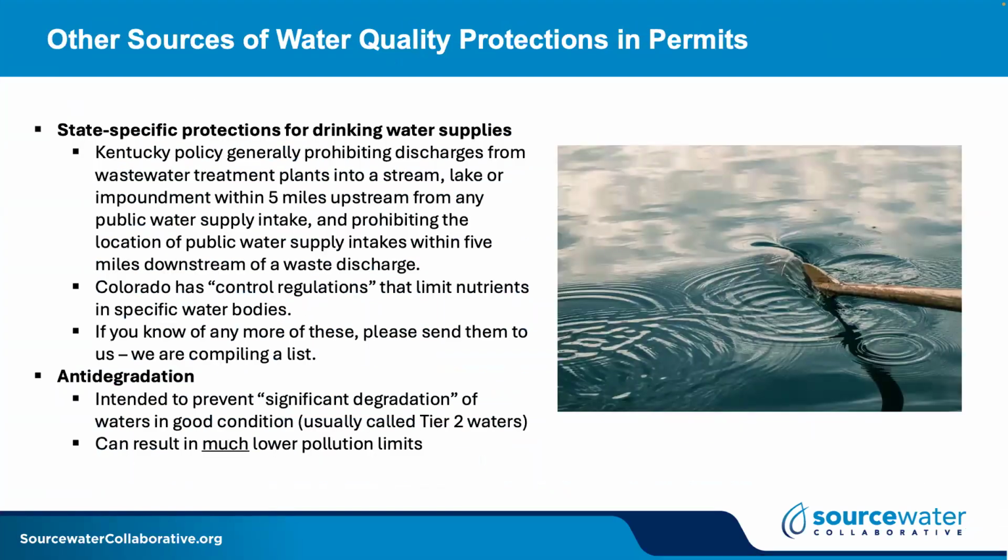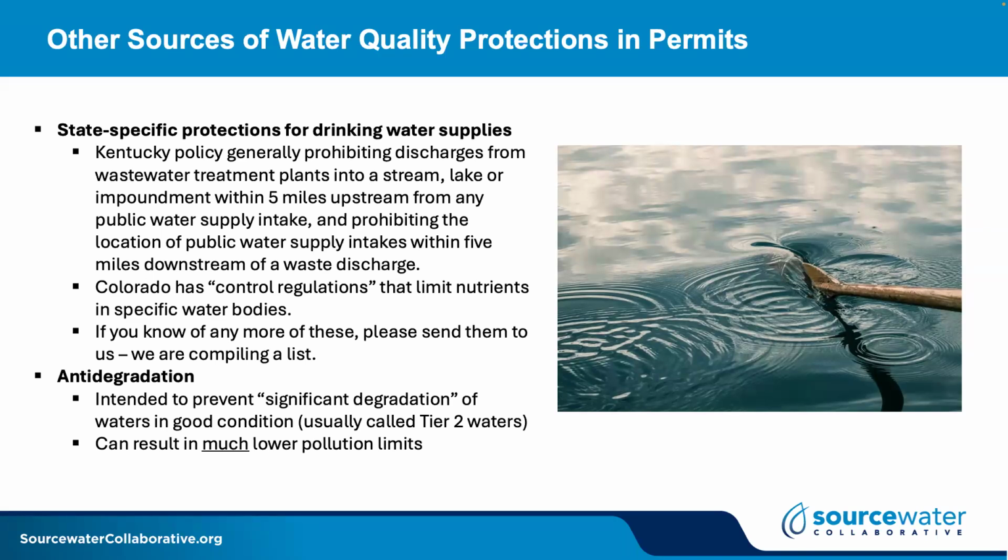Really quick, some states have other protections for water quality or for drinking water sources. A shout out to Tom Fitzgerald in Kentucky, who alerted me to their great policy where you cannot have a discharge of domestic wastewater 5 miles upstream of a public water system.